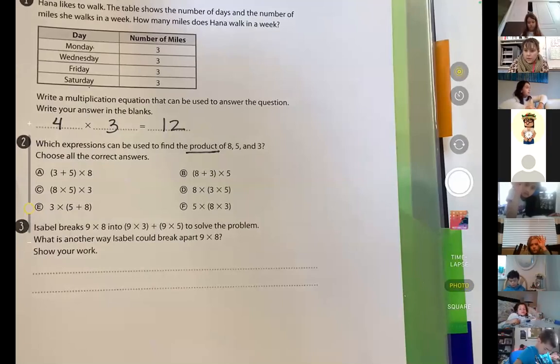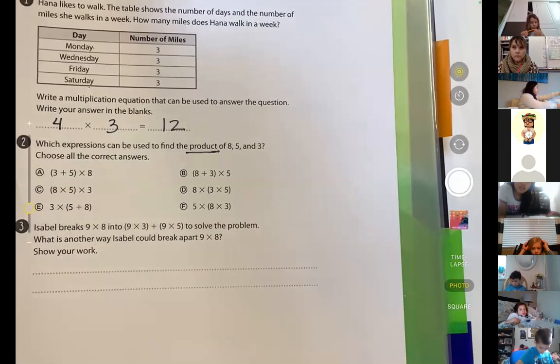All right, Trisha, what does product mean? The answer to a multiplication equation. Perfect. So we're looking for the problem that shows the answer to a multiplication. That's a key word I want you to think about.